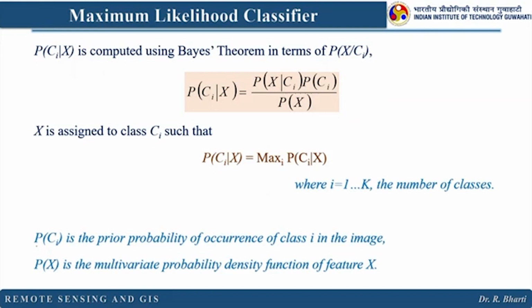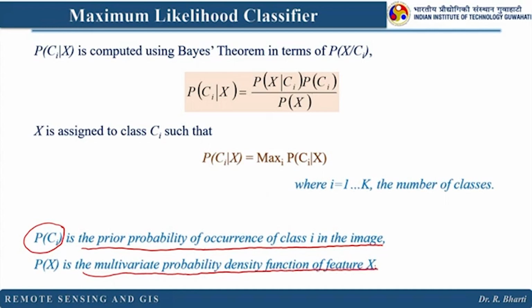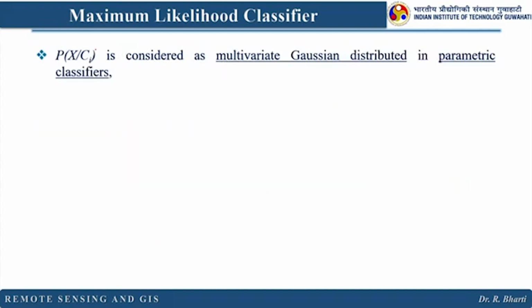Here, probability of Ci class is the probability of occurrence of the class i in the image, and this is the multivariate probability density function of feature x. The probability of x pixel to be classified in Ci class is considered as multivariate Gaussian distributed in a parametric classifier.